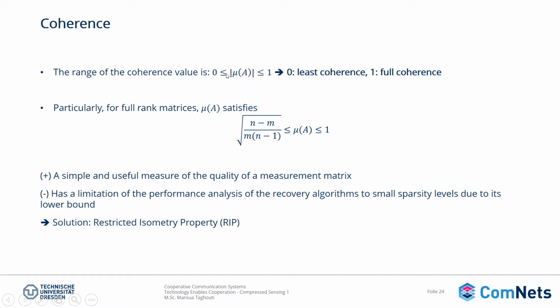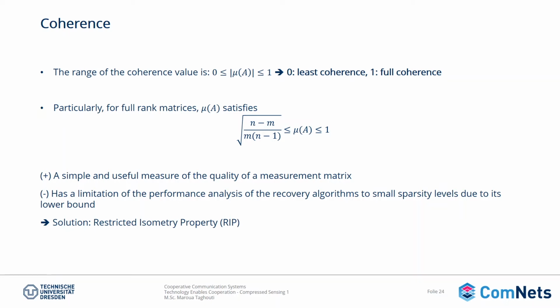It varies between 0 and 1, its absolute value between 0 and 1. If we have a 0 value, then we have the least coherence. And if our mu is 1, then we have a full coherence, particularly for full rank matrices, which are really good matrices that do not destroy the quality of the signal.